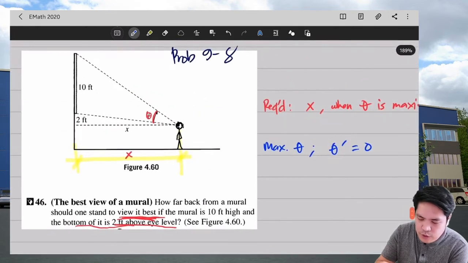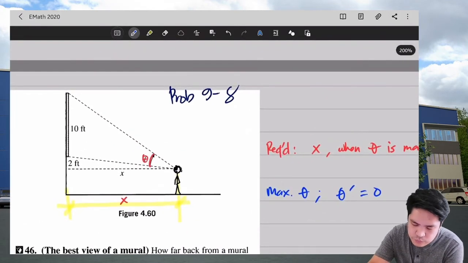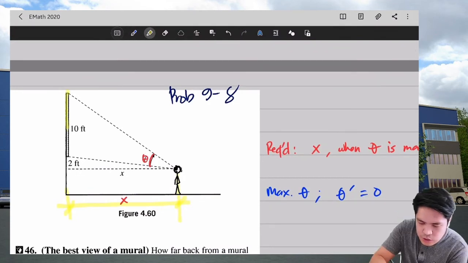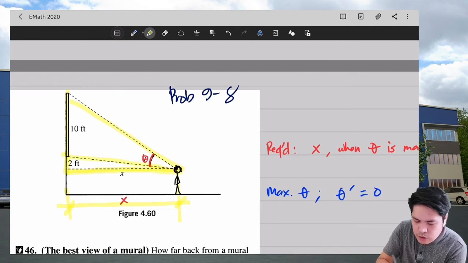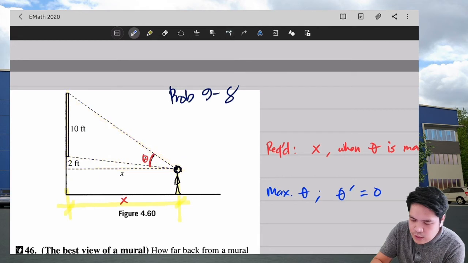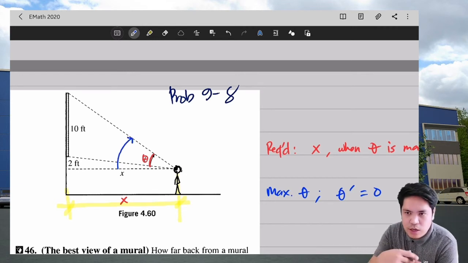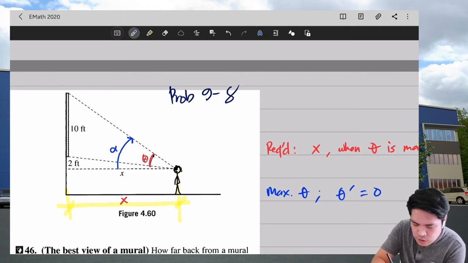Okay, first, we have formed triangles here, no? So two right triangles actually. This triangle and this smaller triangle. And again, they are not similar. So if we assign angles, the angle from the line of sight to the top of the mural, let's call that alpha.